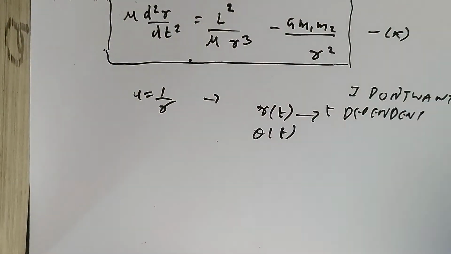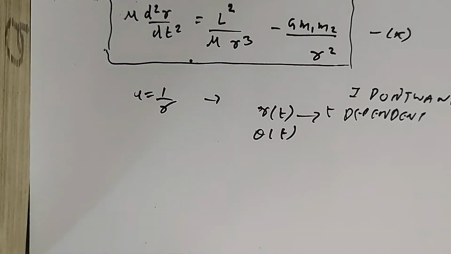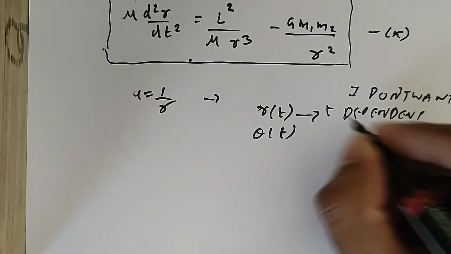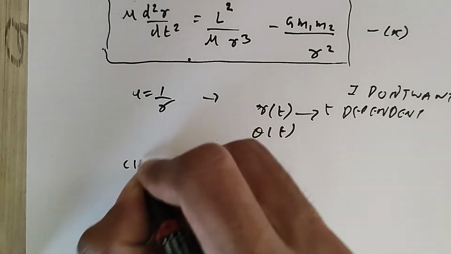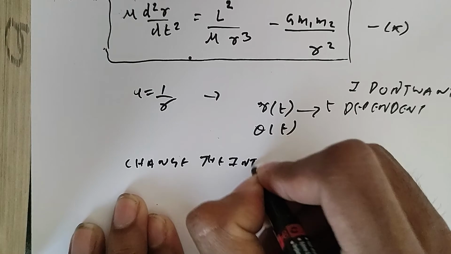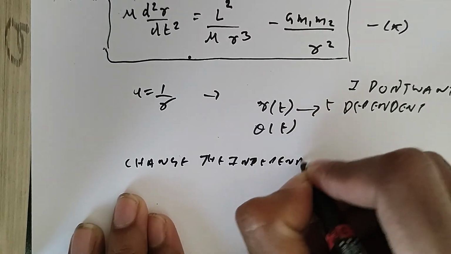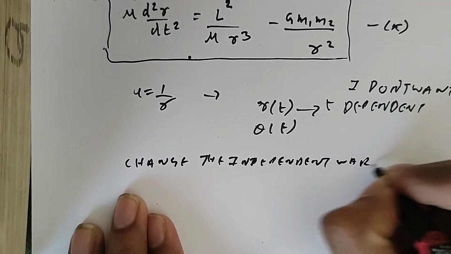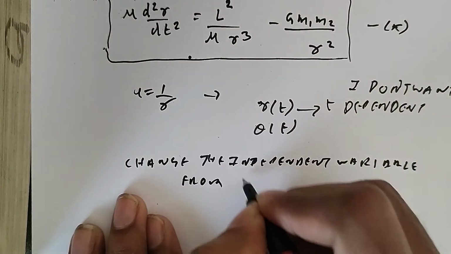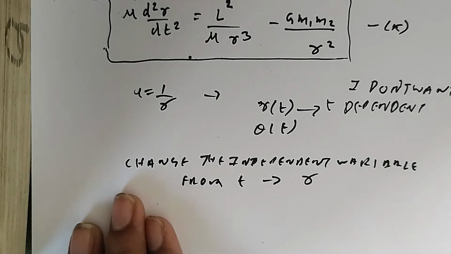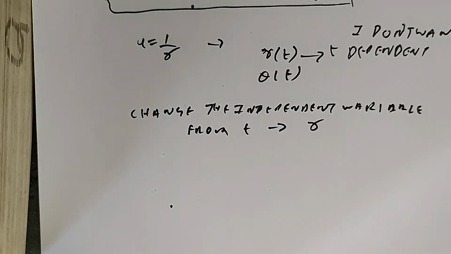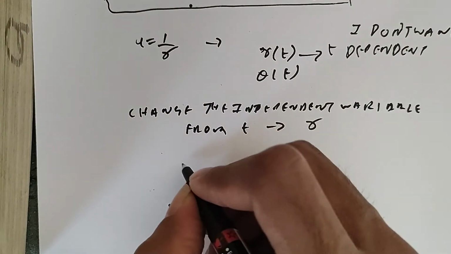I don't want the t dependency. So what I'm going to do is change the independent variable from t to theta. I have discussed why we don't want t dependency at length.